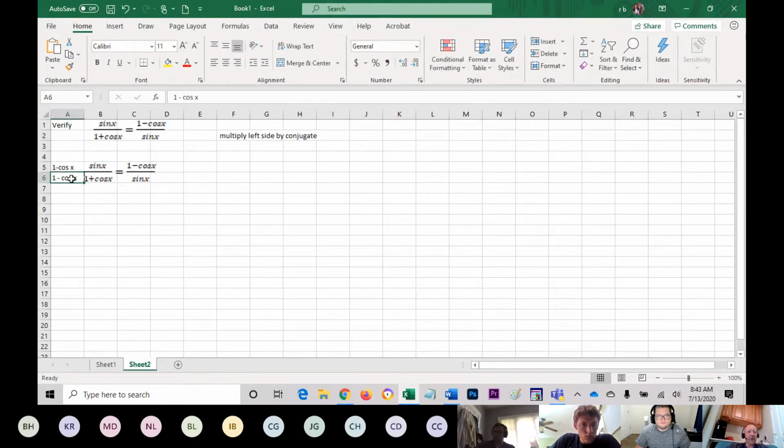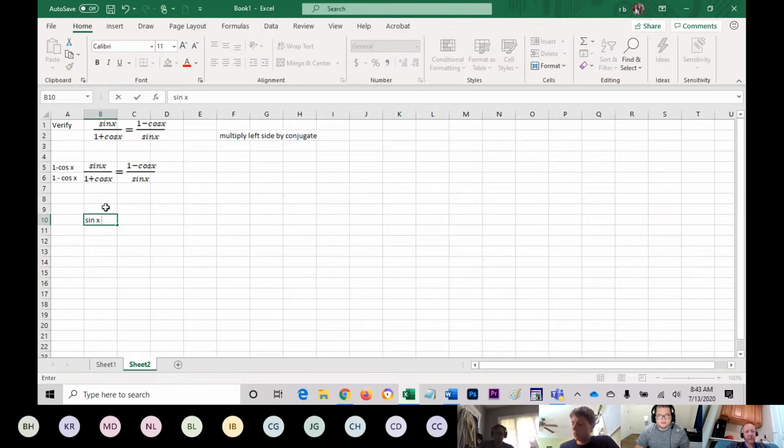So when we multiply the two denominators together, what are we going to get? I'll let it go to anyone at this point. On the numerator, it would be the sine of x times 1 minus the cosine of x.